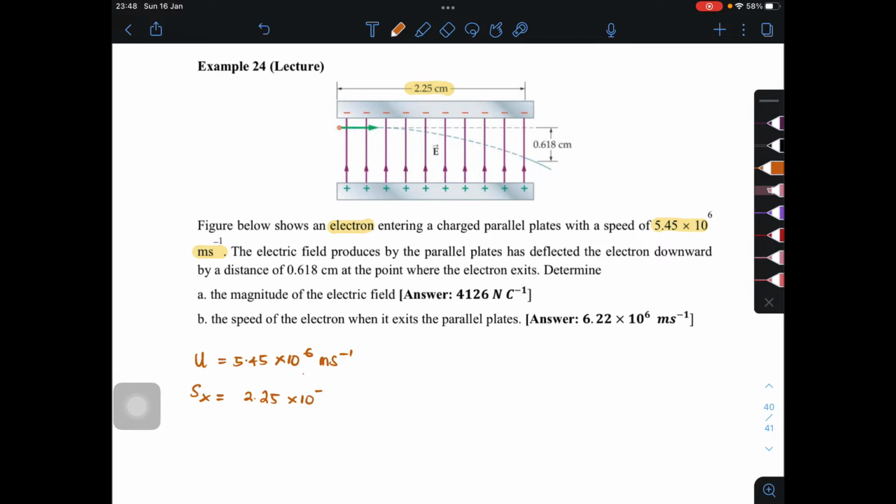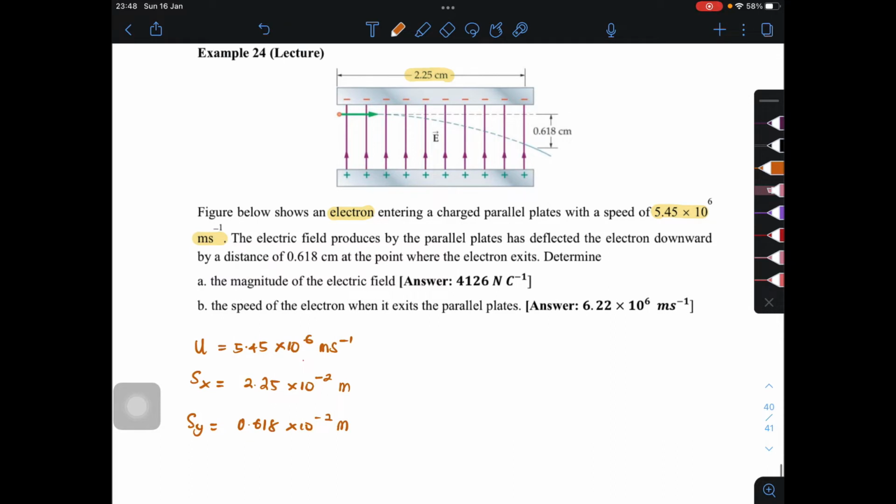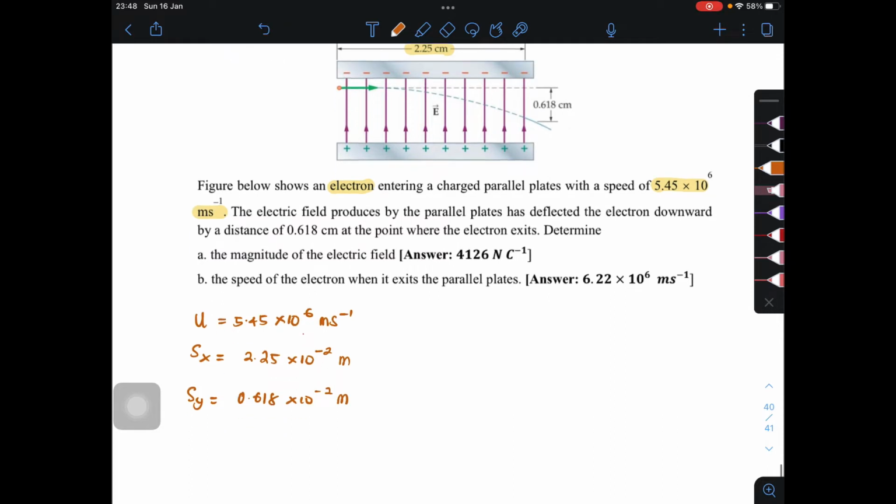Convert to meter. And then from here to here is Sy, the y component of displacement, which is 0.618 centimeter. Convert to meter. So these are the information that we are given.